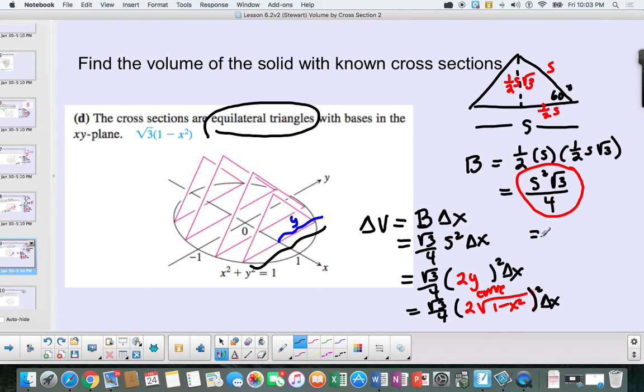And then when I go up here, this will be a 4 when I square it, so we'll have root 3, and then when I square this, it'll be 1 minus x squared delta x. So that's my delta v. So volume will be equal to the integral from -1 to 1, here's my integrand, root 3 times 1 minus x squared, parentheses, dx.